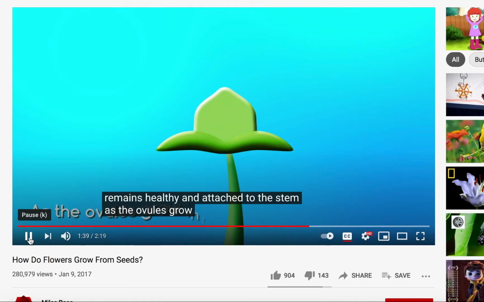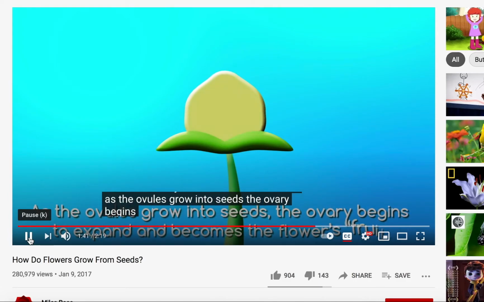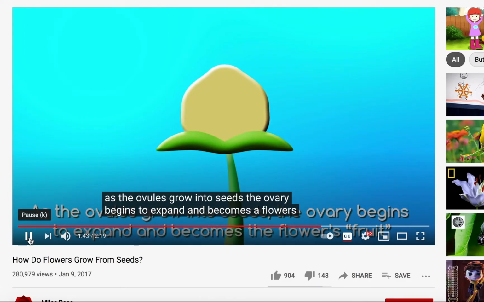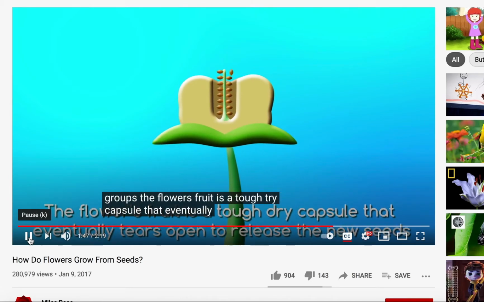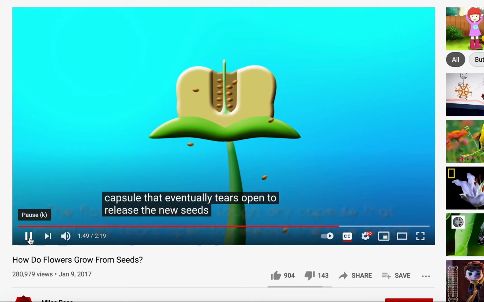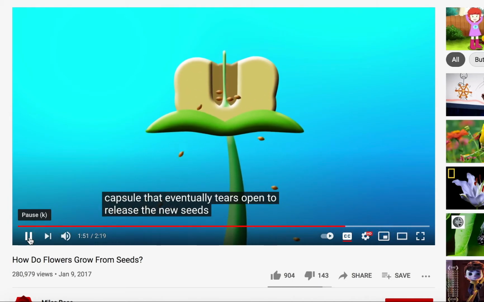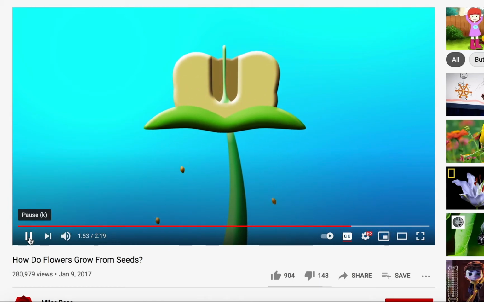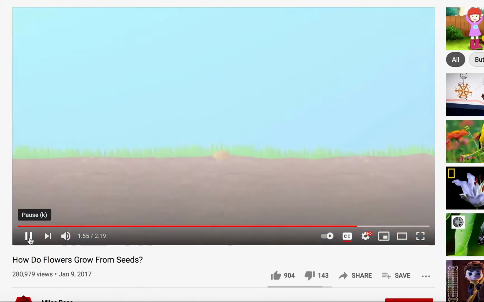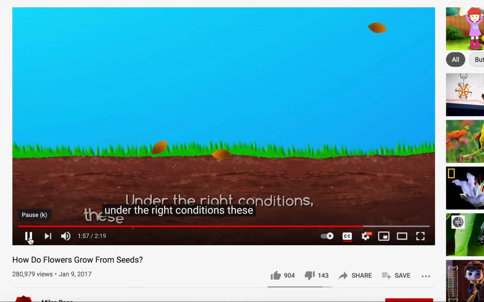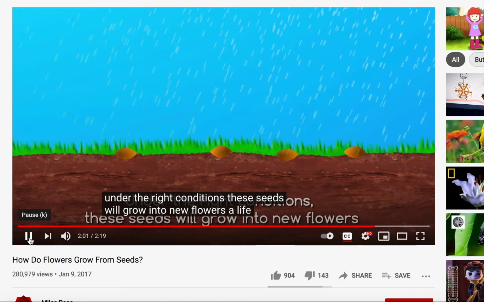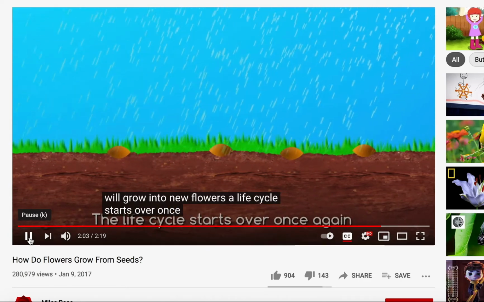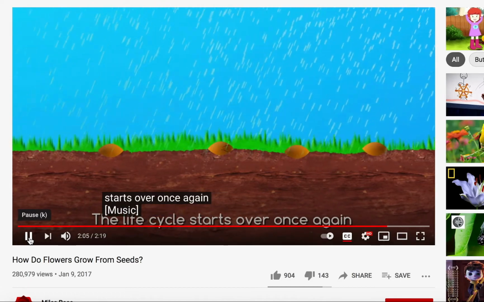As the ovules grow into seeds, the ovary begins to expand and becomes the flower's fruit. The flower's fruit is a tough, dry capsule that eventually tears open to release the new seeds. Under the right conditions, these seeds will grow into new flowers. The life cycle starts over once again.